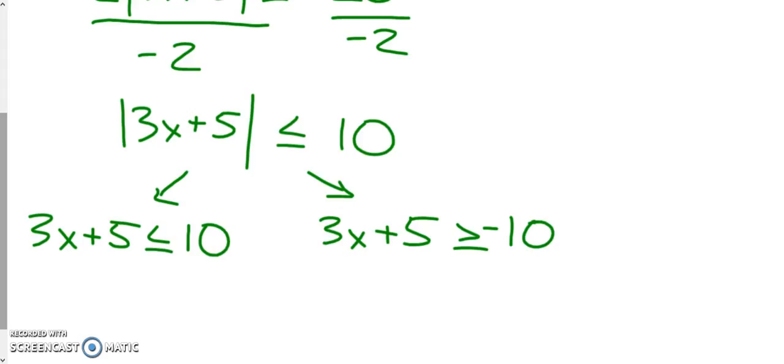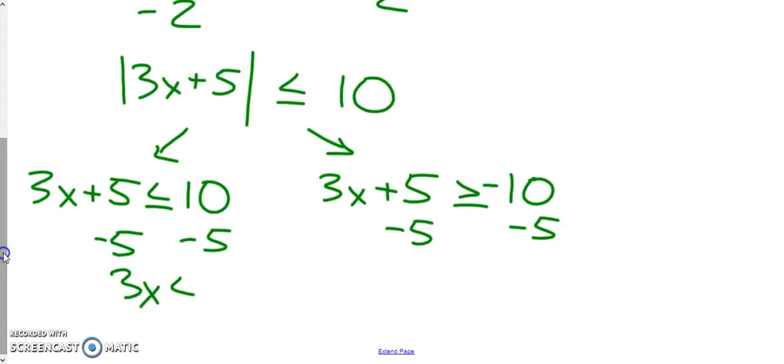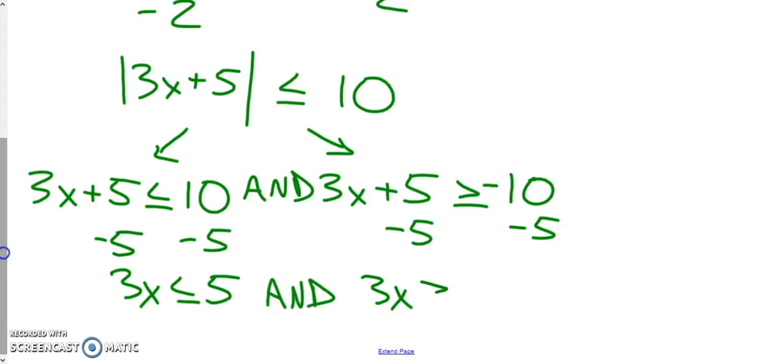All right. The next part should be fairly straightforward. Subtract 5. 3x is less than or equal to 5. I forgot the word and. And 3x is greater than or equal to negative 15.